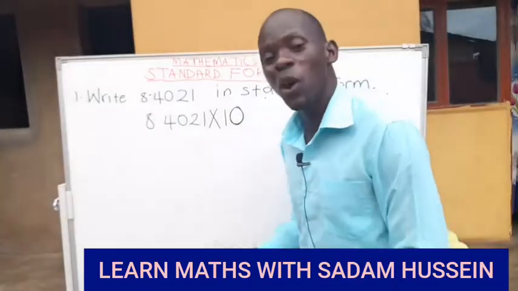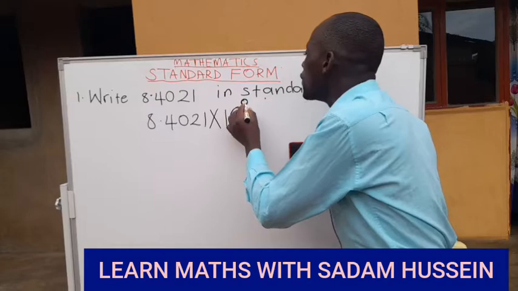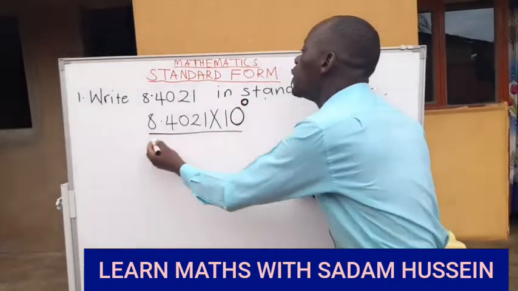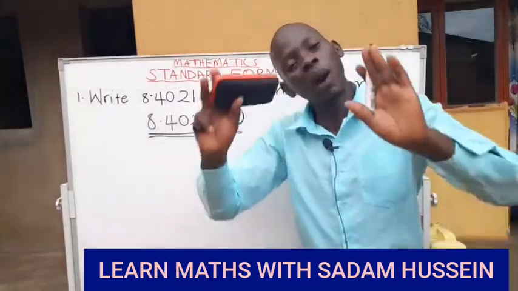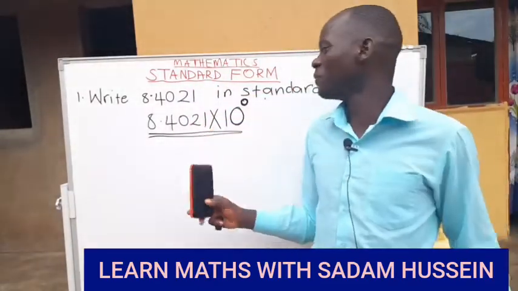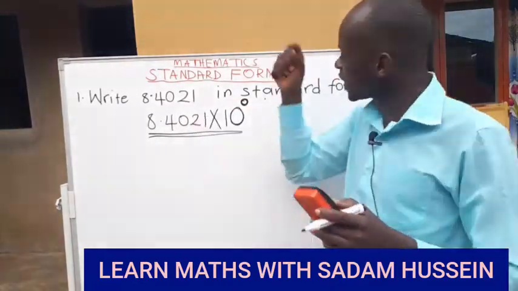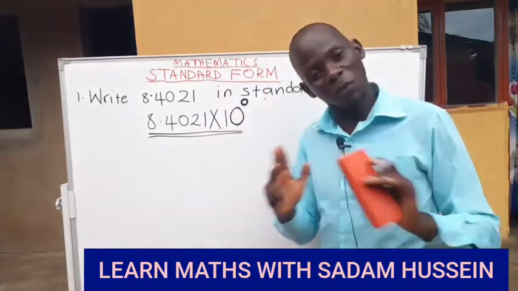You have not moved. You have not made any step. It is power 0. That is all. 8.4021 times 10 power 0. You have not moved.